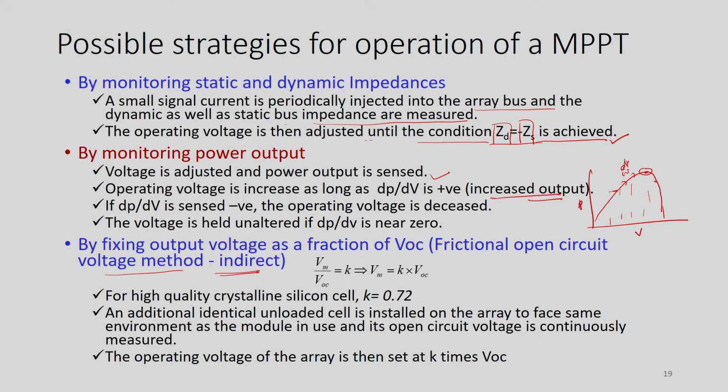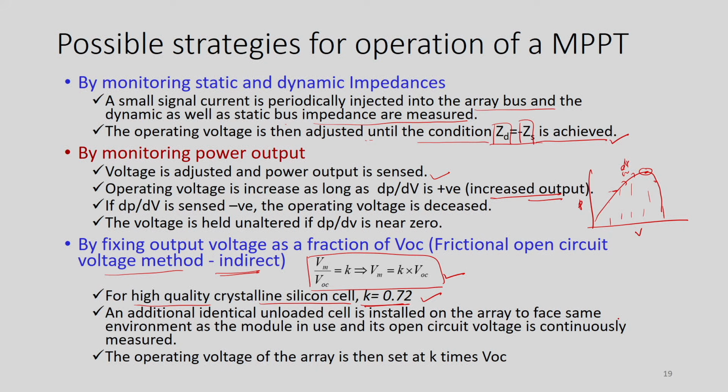In the third category, by fixing voltage as a function of VOC, Vm, the voltage at maximum power, to the open circuit voltage is constant for a particular semiconductor material. So, the expression is Vm equal to K into VOC. For high quality crystalline silicon cells, this K is about 0.72. For doing this, we do not have to close the circuit for calculation of Vm every time.